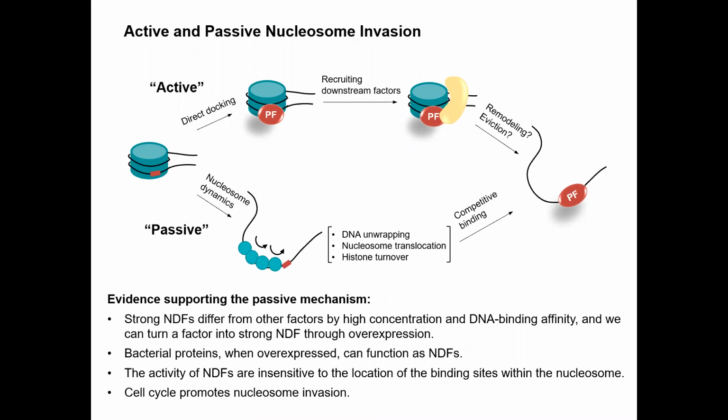And I also showed you some evidence, for example, that their nucleosome depletion is not sensitive to the location of the binding sites. And some cell cycle events also seem to promote nucleosome evasion. So that indicates that nucleosome dynamics inside the cells are important for the pioneering activity.